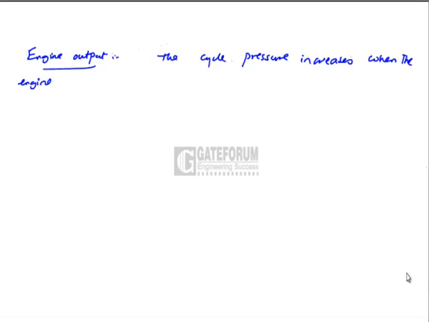Next parameter that would influence the flame speed is engine output. The cycle pressure increases when the engine output is increased.